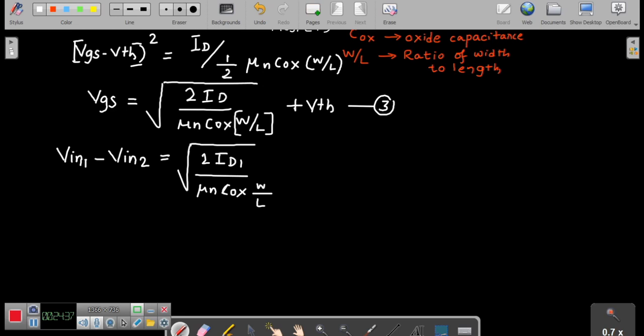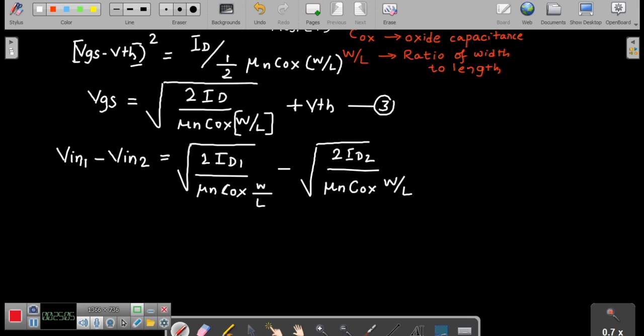So the values of mu n CoX and W by L are assumed to be the same for both the transistors. Minus, I write it as under root 2 into ID2 divided by mu n CoX into W by L.